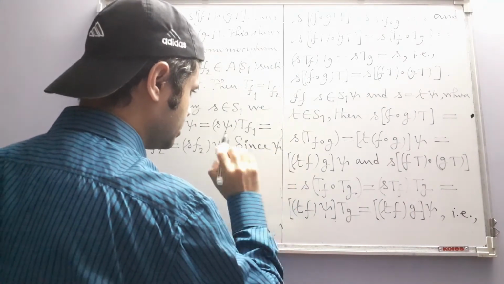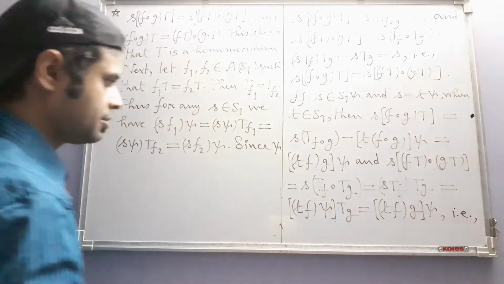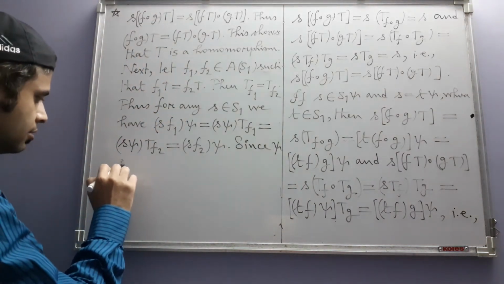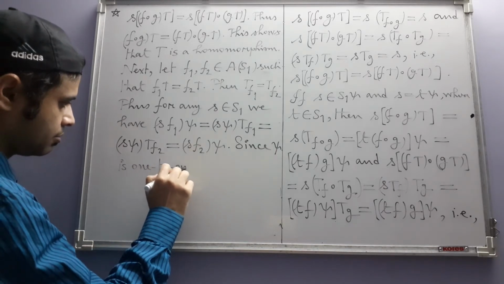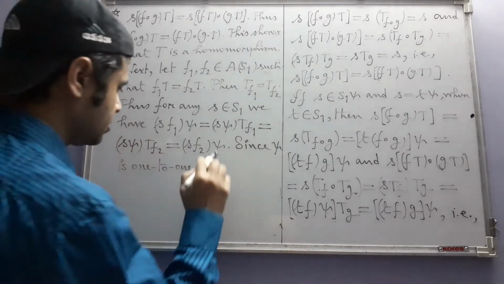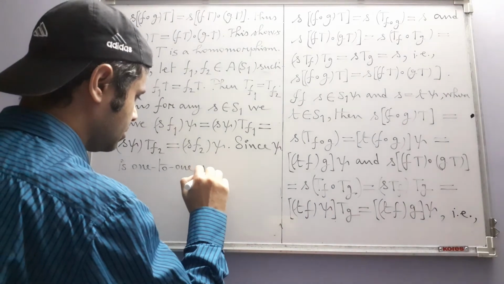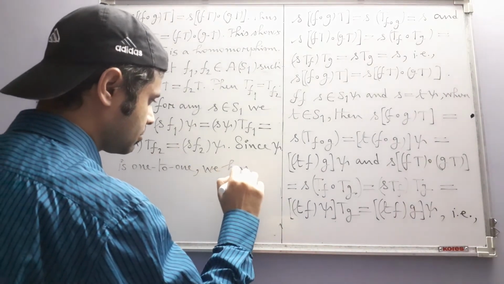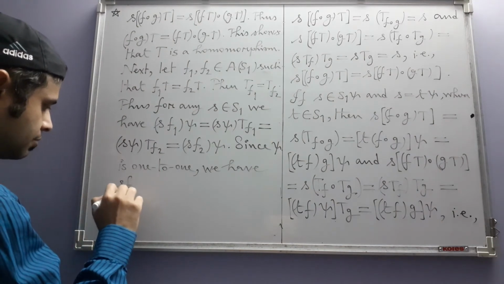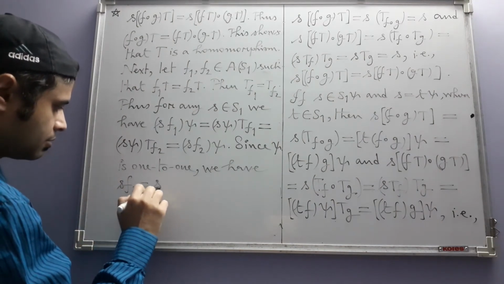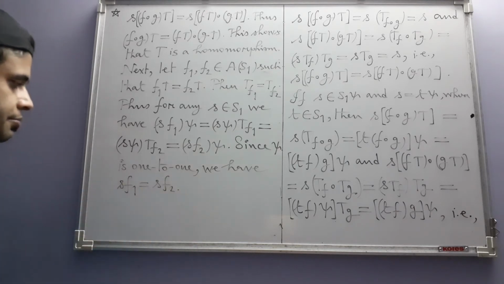But now use again the one-to-one-ness of psi. Since psi is 1 to 1, so this last equation implies that SF1 must be equal to SF2.